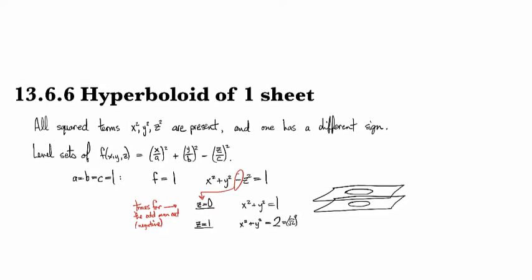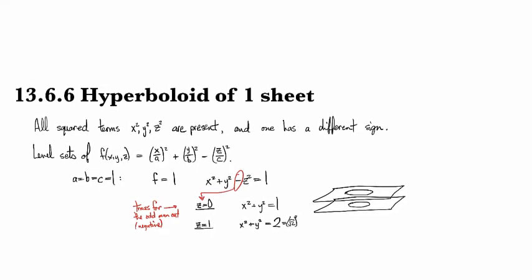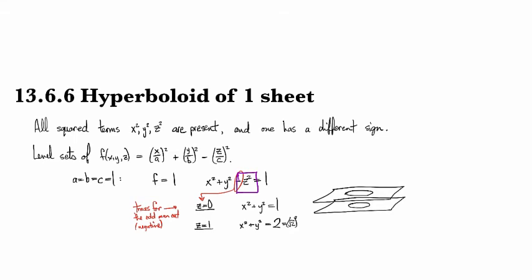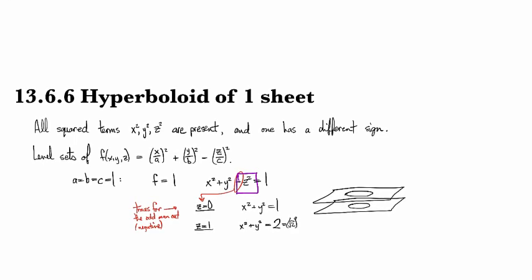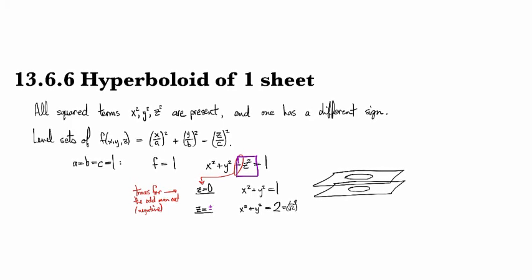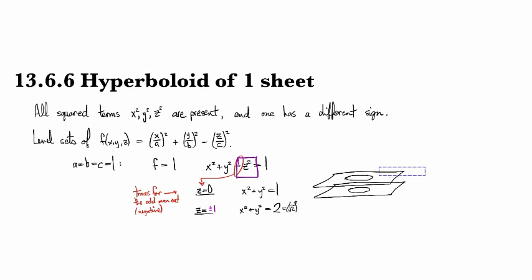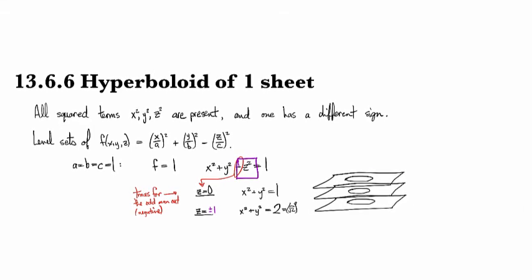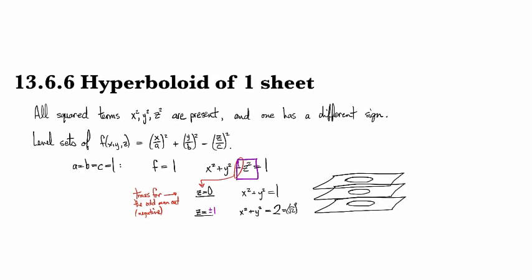But now notice that z appears in this equation with a square. So that means that what I get by looking at minus 1 is going to be exactly the same. So I have the same figure down below at minus 1.